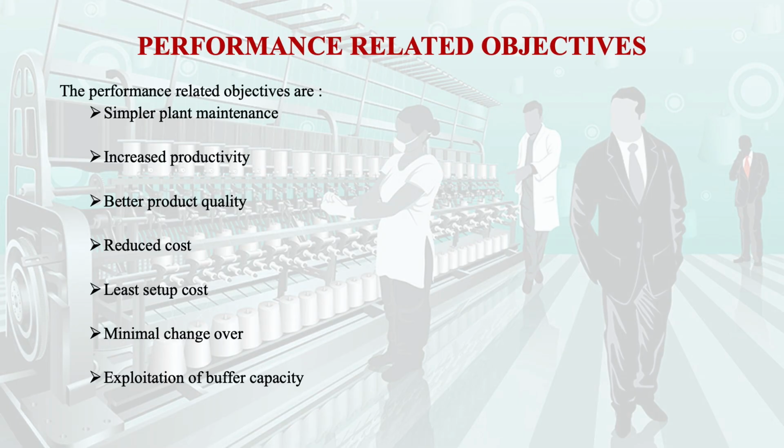If we are keeping a machine or some workstation extra as a buffer, we can utilize it. Similarly, nowadays we are allocating one machine to 2 workers. So there is a need to make the facility arrangement in such a way.